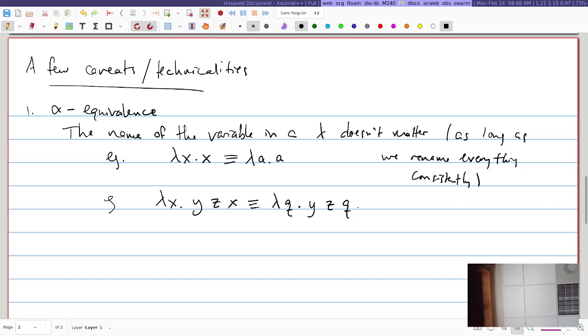This x here is referring to this x, so if I rename this x, I have to rename this one too. And so this is the same thing. Y and z though, I can't rename because we don't know what they're referring to. They're referring to something else outside in the context. Maybe there's some global variable, or there's an argument to some function that we're in the middle of evaluating right now. And so I can't just change y or z because I don't know what they're referring to.